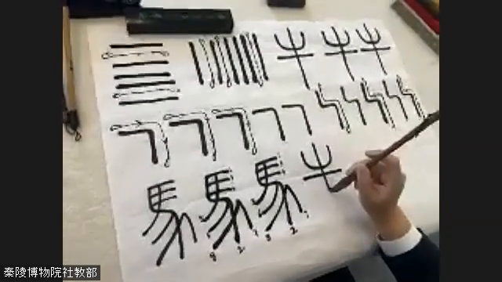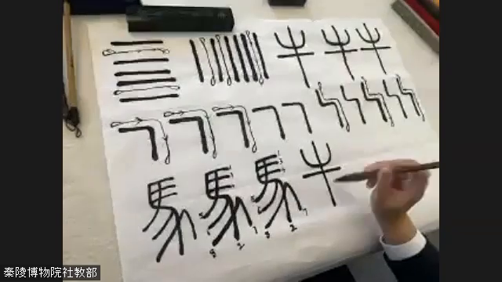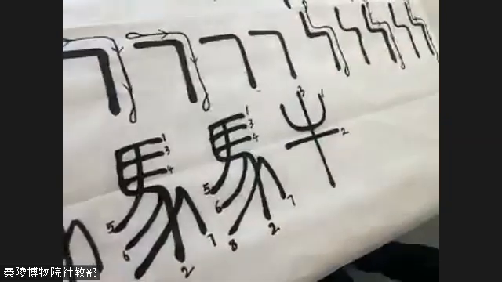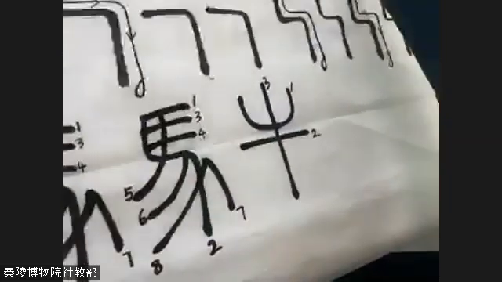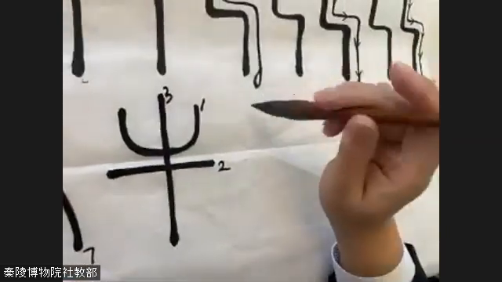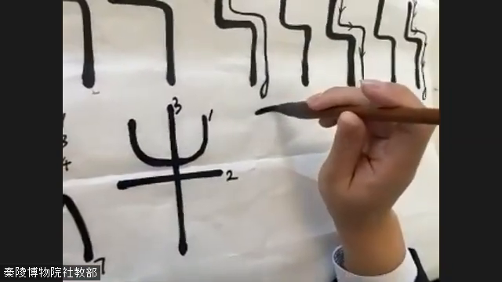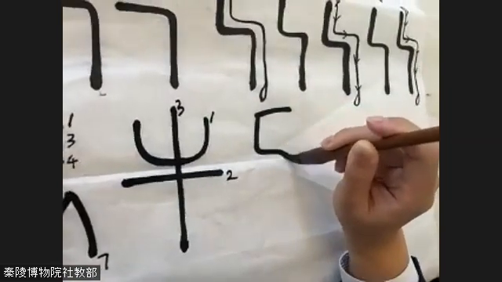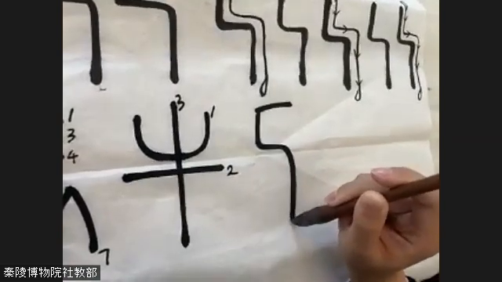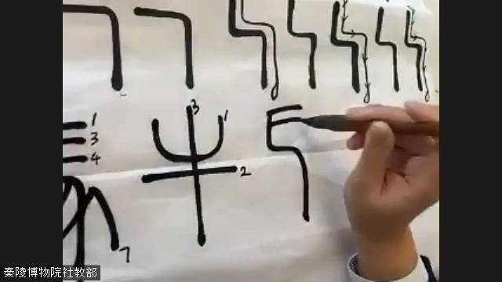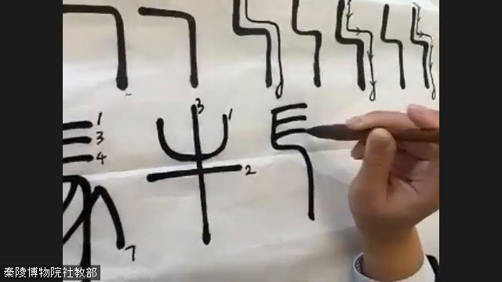That's a vertical stroke. Okay, next one, 马。And through these practices, we have learned about the strokes and the order of the strokes.